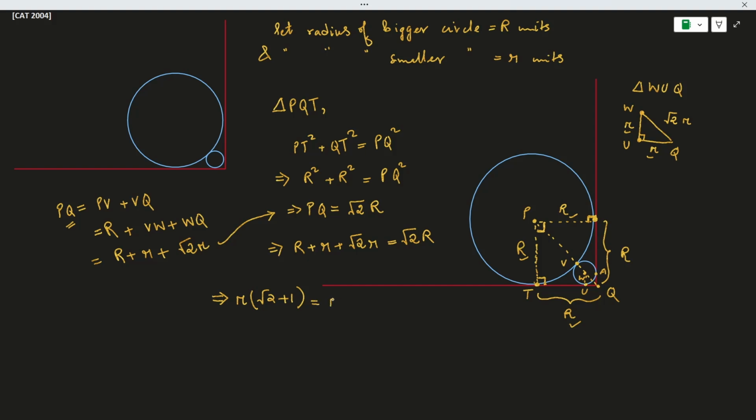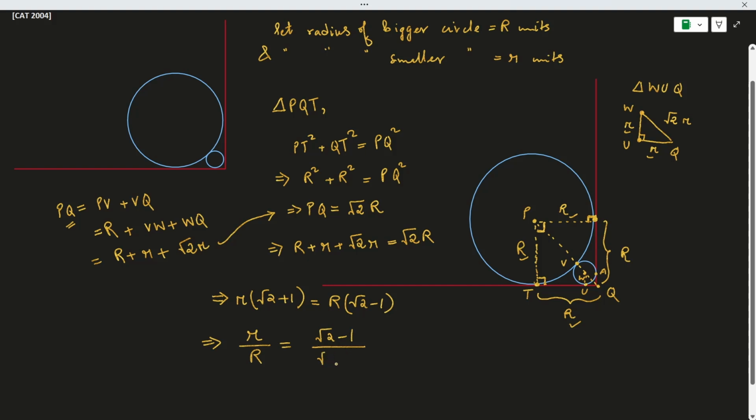I will take the R to the right hand side and take common, so it will be root 2 minus 1. So what is the ratio of the radii of the two circles? Small r by capital R is equal to root 2 minus 1 by root 2 plus 1.